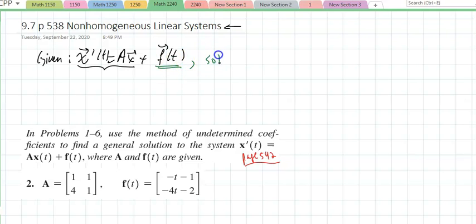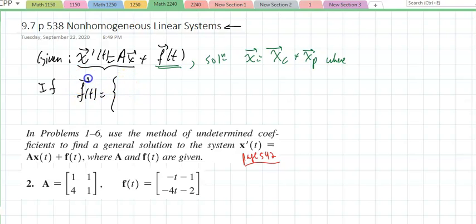The solution would be x equaling the complementary plus the particular, identical to the previous, when I say previous, I'm talking about chapter 3.